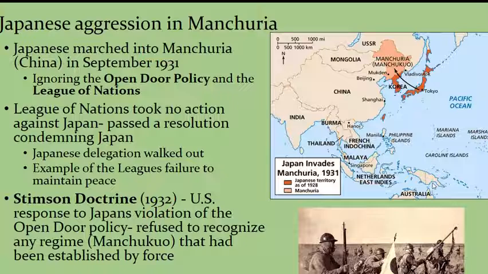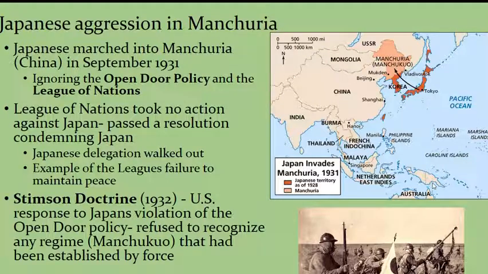Basically, they invade Manchuria in September of 1931. I think it's important to note that a lot of people think World War II started when Germany invaded Poland in 1939, but it's very important that we remember what the Japanese government and army did to the Chinese people as early as 1931.